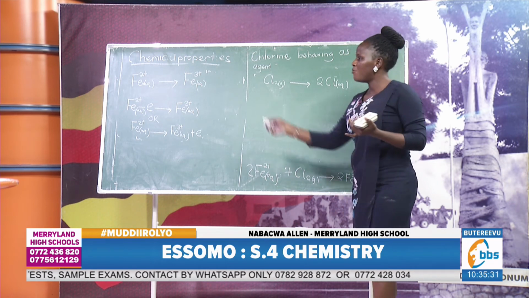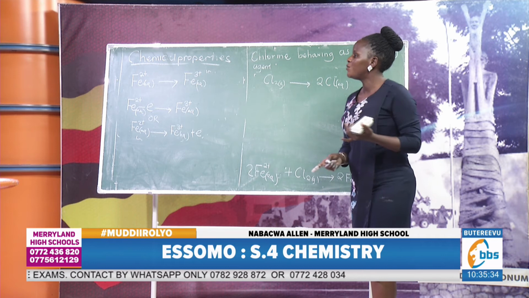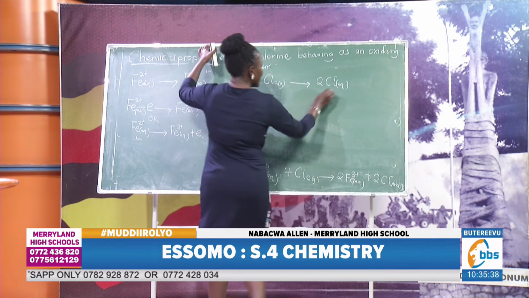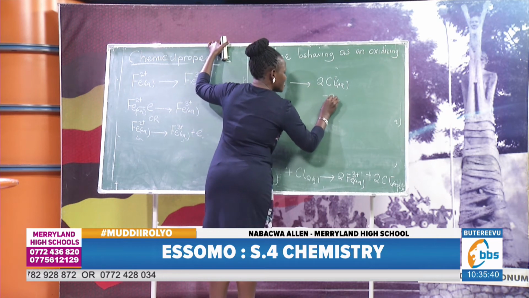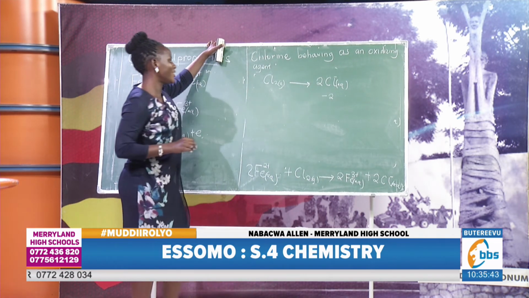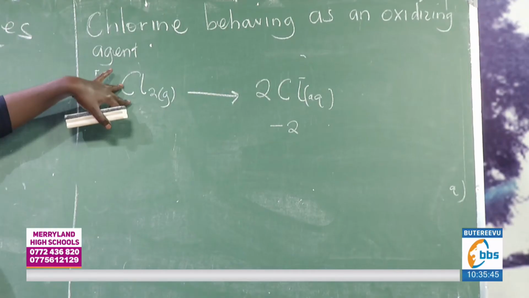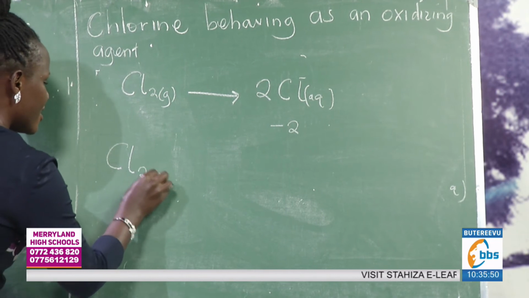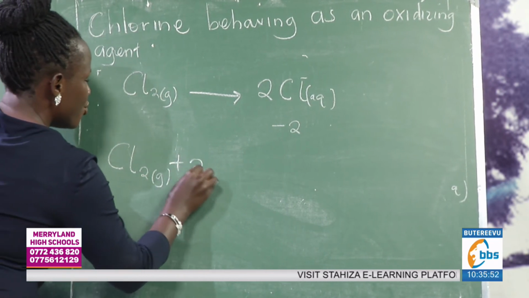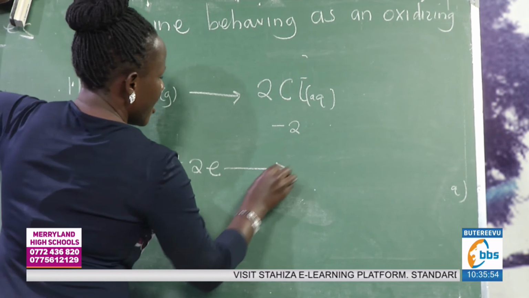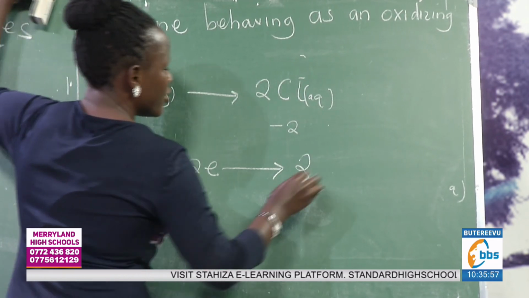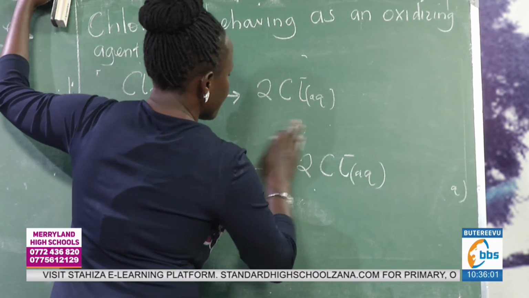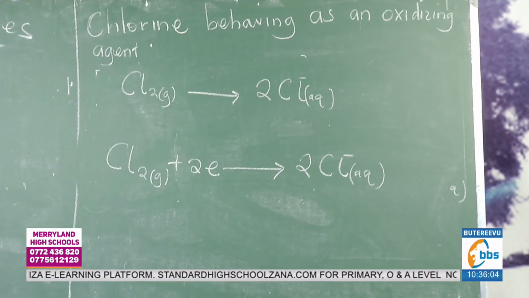Therefore, here you have a net charge of -2, but here you have a charge of 0. Therefore, what has really taken place, we must add 2 electrons. And therefore, our equation is going to be that.